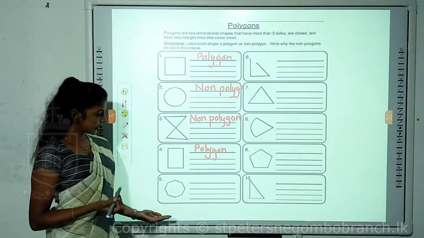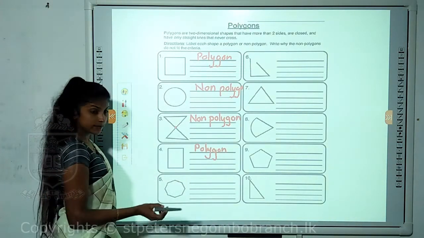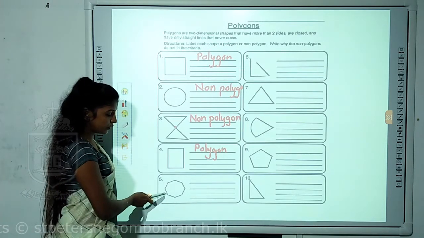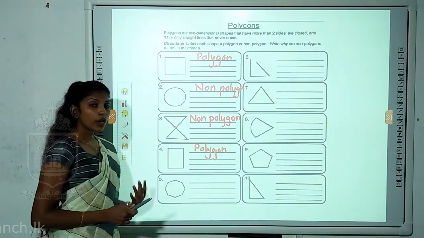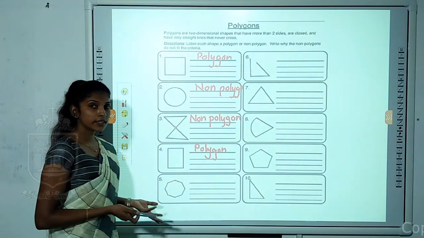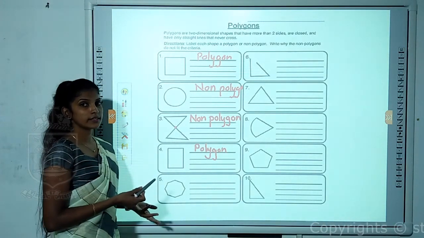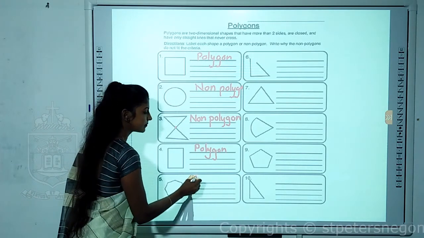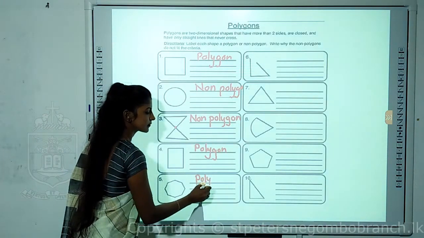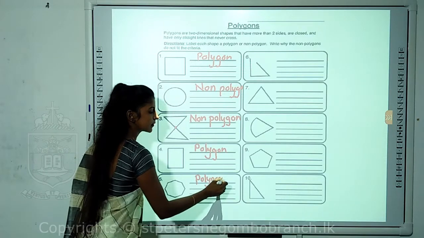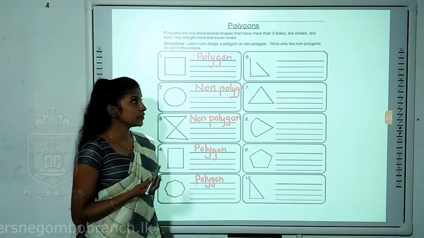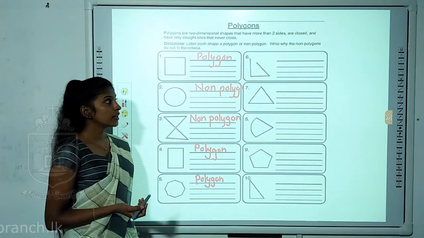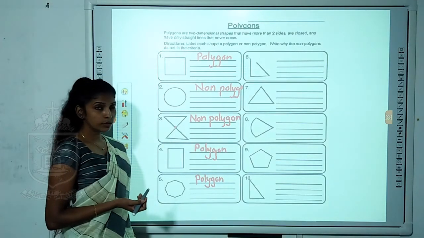Right. Fifth one, let's count the sides: 1, 2, 3, 4, 5, 6, 7, 8 sides present. All are straight lines and the figure is closed, so we can consider it as a polygon. Right. Next figure, the sixth one, you can see 3 straight lines are there, but check whether it's a closed one.